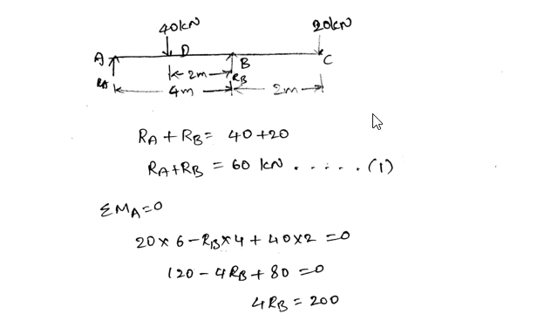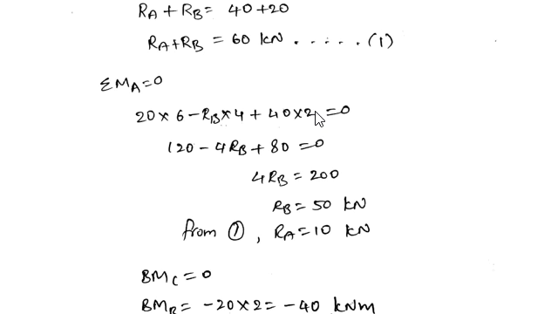Here we are supposed to find out the value or magnitude of the maximum bending moment. If you see, the bending moment at point C will be 0. There is a load exactly at C, but there is no distance, so because of this point load the bending moment at C will be 0.